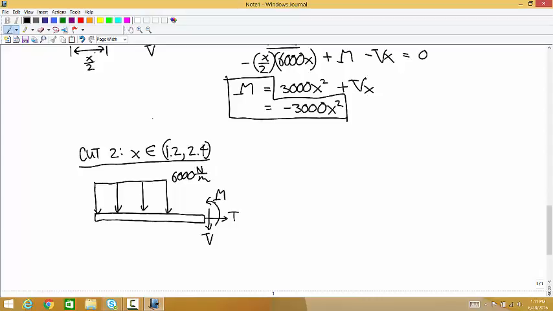Okay, so we have something like that. And this distance, what's that distance? Yeah, that's 1.2. No matter what x is, we have a full 1.2 meters of this distributed load. This distance is x.